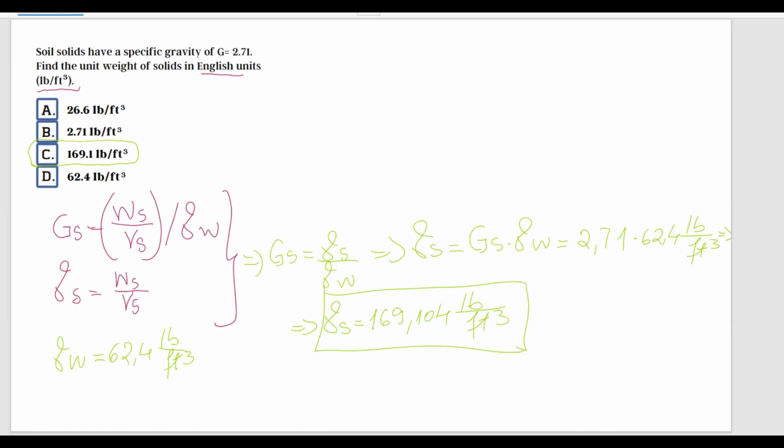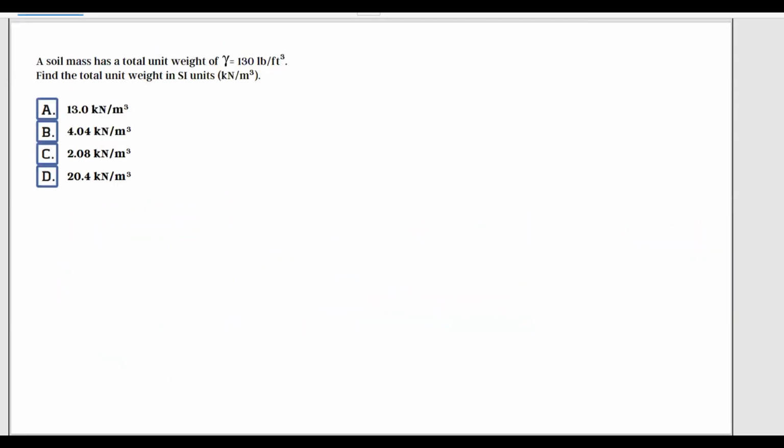Great. Let's see our last problem for today. A soil mass has a total unit weight of 130 pounds per cubic feet. Find the total unit weight in SI units. So this problem is giving us a unit weight in English units, and we have to find the unit weight in metric units.